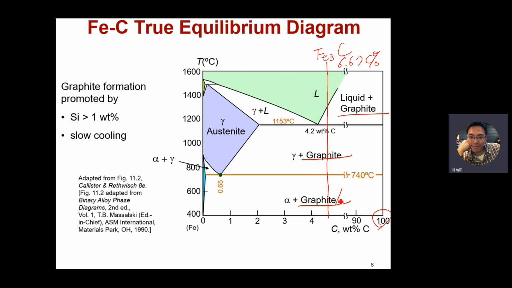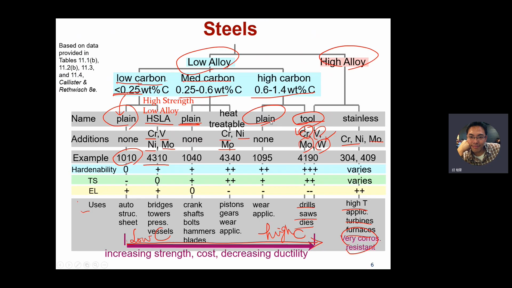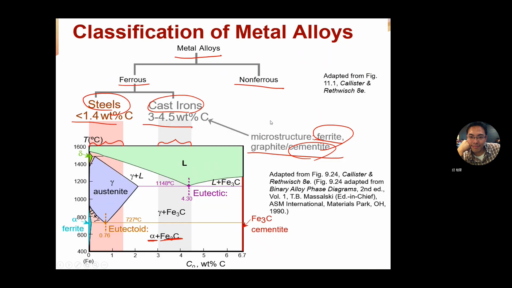This should be graphite and cementite. For this cast iron, the range of carbon content is within this range, as I already mentioned before: 3 to 4.5 weight percent of carbon.